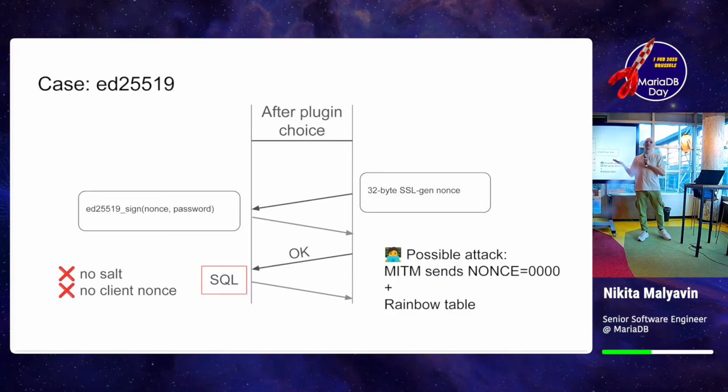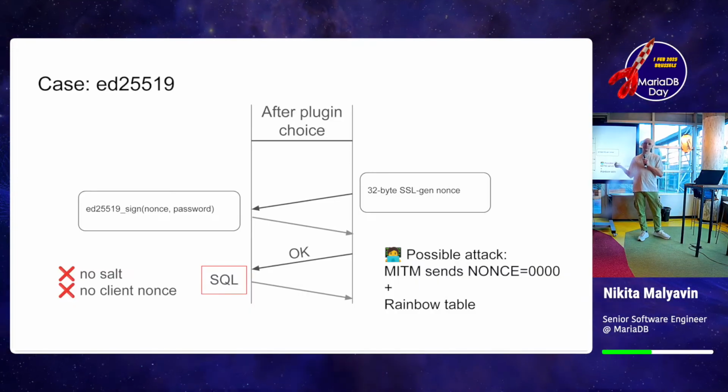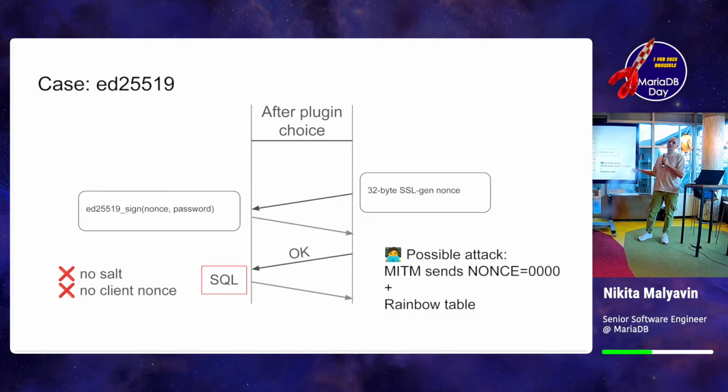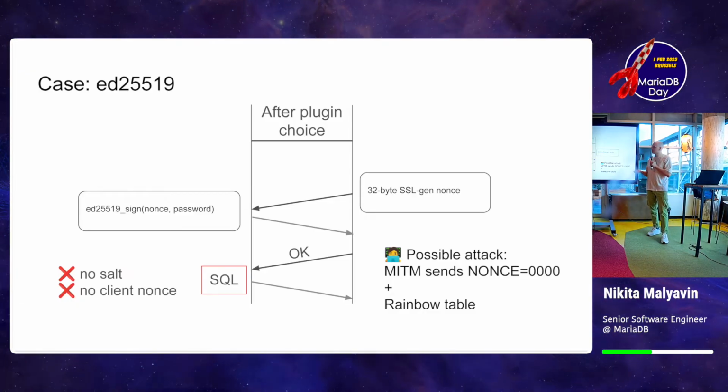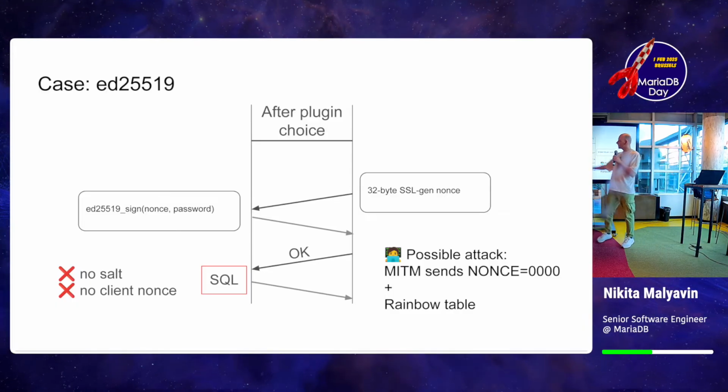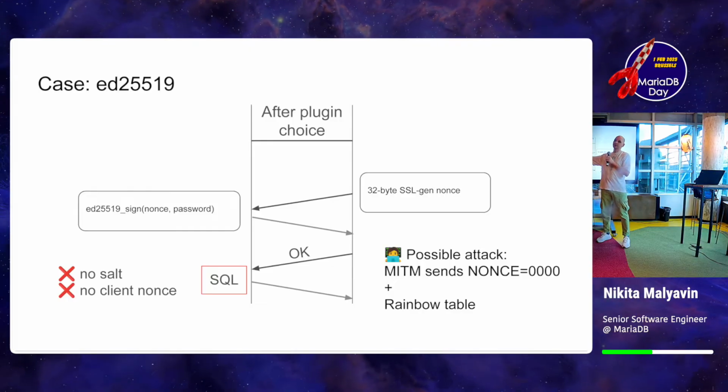Yes, and it sends the response instead of the server. And for example, it can just send its own nonce with some fixed value like 0, and as a result, it will have a 0 nonce signed by our password.